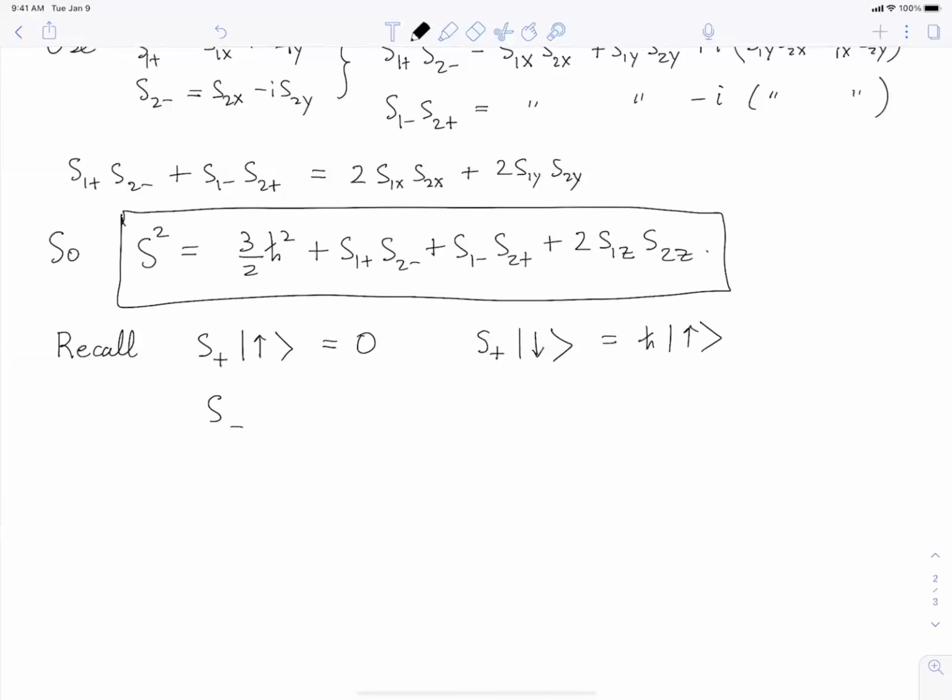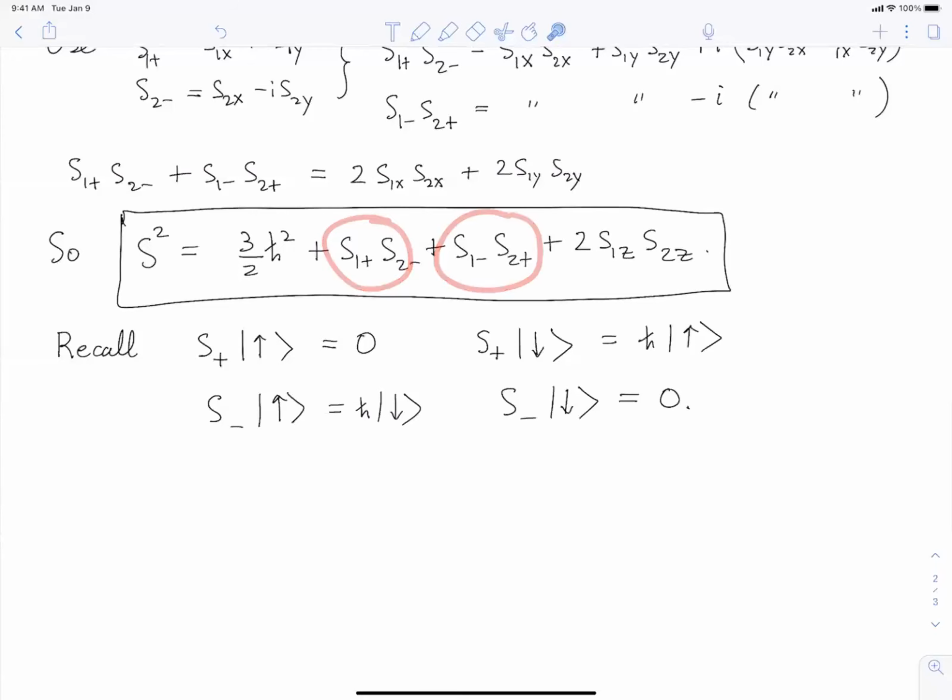If I lower the raised spin state, I get h bar times the lowered spin state. And again, if I take a lowered spin state, a state with spin pointing down, and I try to lower it further, I can't do it, so I get 0. Okay, so those are the things that we're going to use when we apply these operators right here.